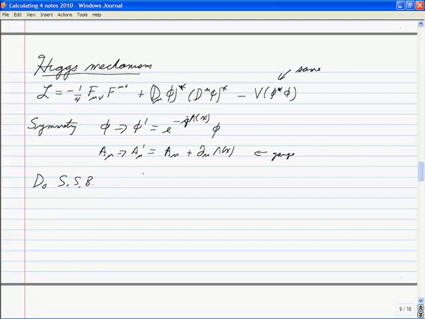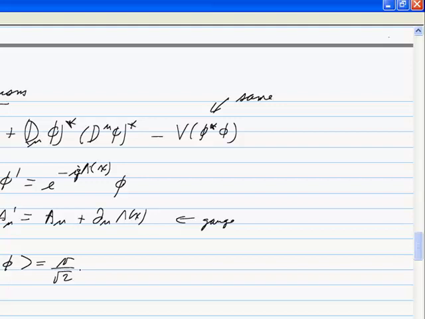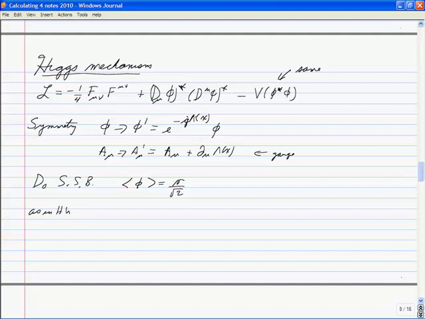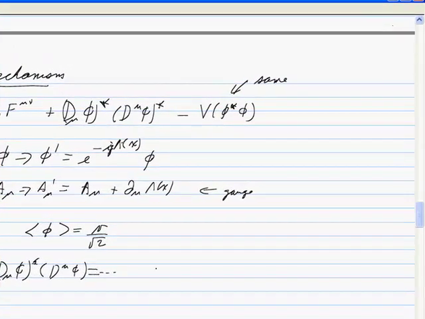Okay, so now, just like you did in the homework, we do this spontaneous symmetry breaking, which is the mechanism I just outlined. The ground state can be chosen to be v over the square root of 2. And as you worked out in the homework, the piece that looks like d mu phi star d mu phi equals lots of stuff, but then picks up a q squared v squared over 2 A mu squared from the piece where phi goes like the square root of v.